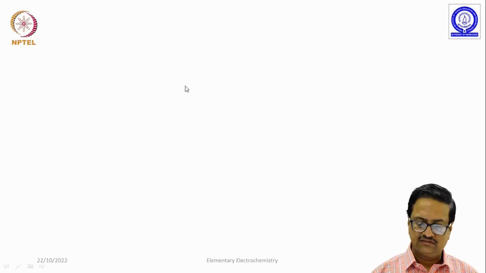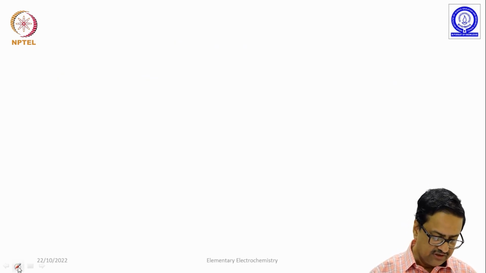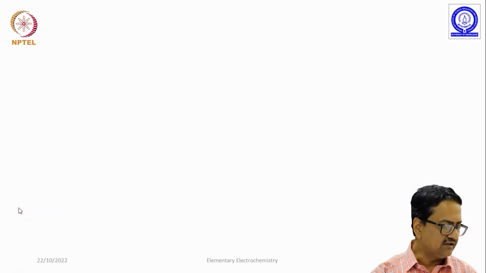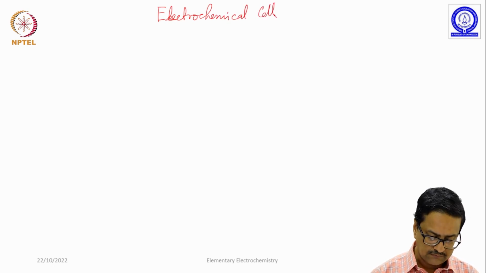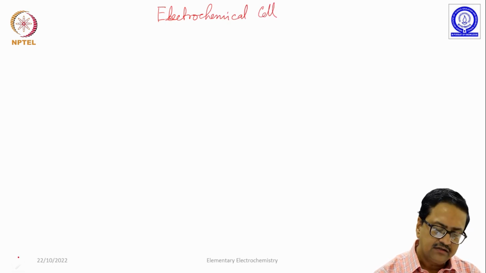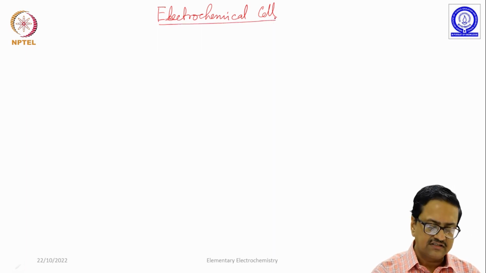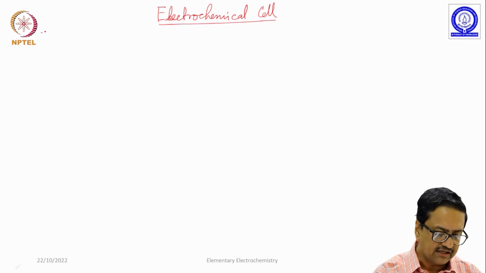Today we are going to first talk about the construction of an electrochemical cell, and to start with we will first discuss the galvanic cell.